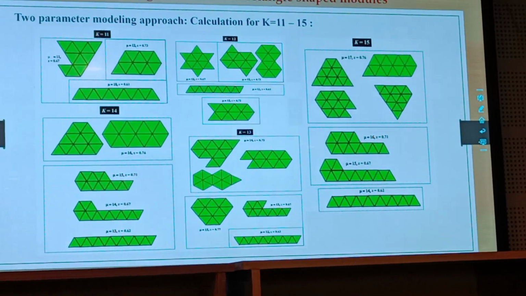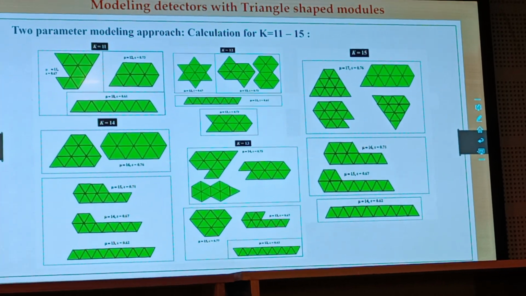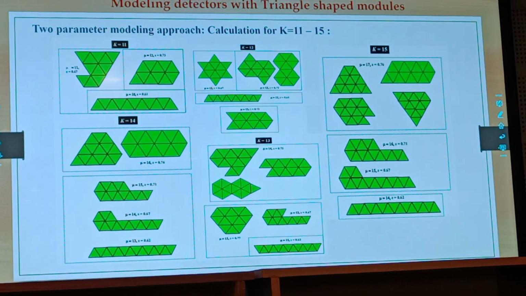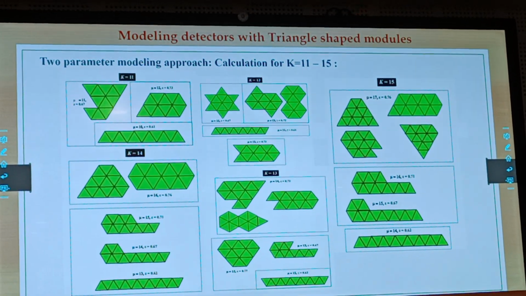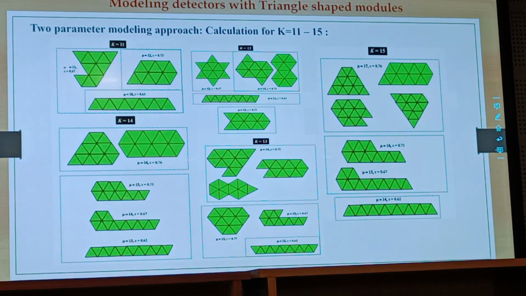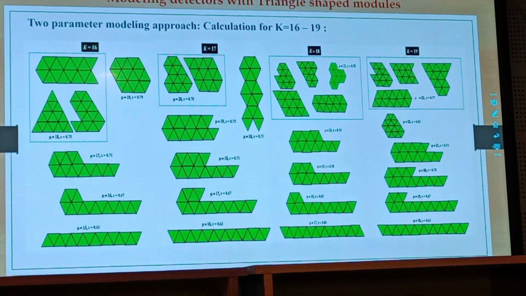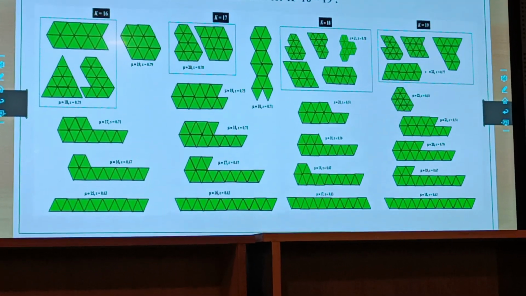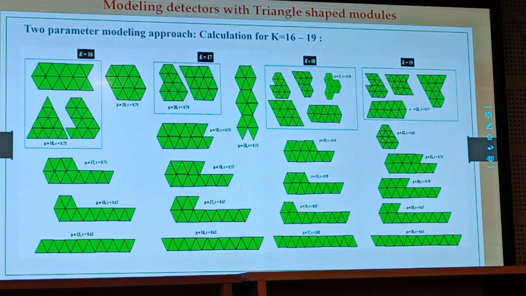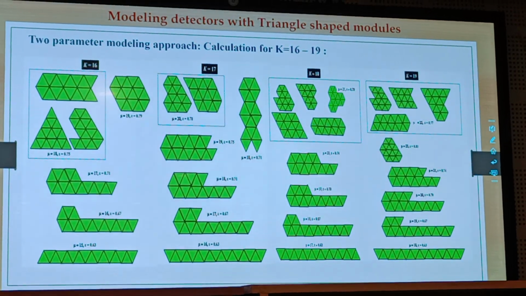As the number of detector modules increases, different combinations of detector modules are possible, and each combination will have a different mu value and corresponding z value. Here k is equal to 16 to 19. So for k equal to 16, we get different combinations and arrangements, and for each arrangement a separate value of mu and corresponding z value.